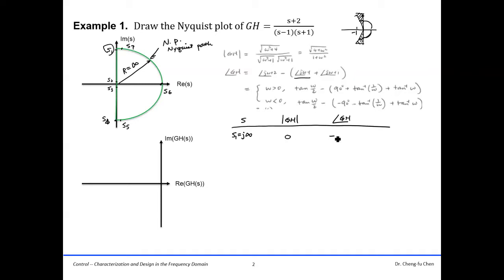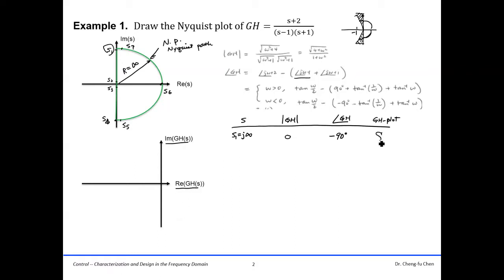You should be able to find that it is 90 degrees minus. Then we can begin to label the points on the GH plot, which means this complex plane for plotting this.